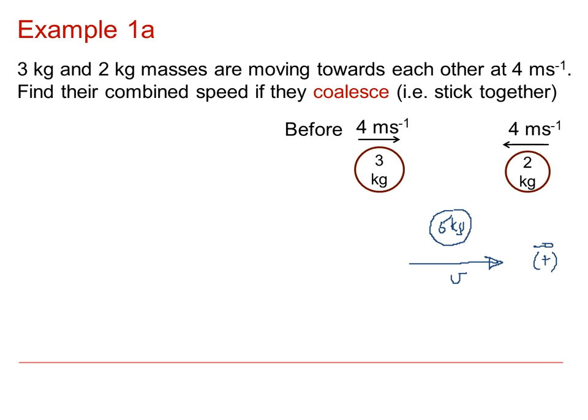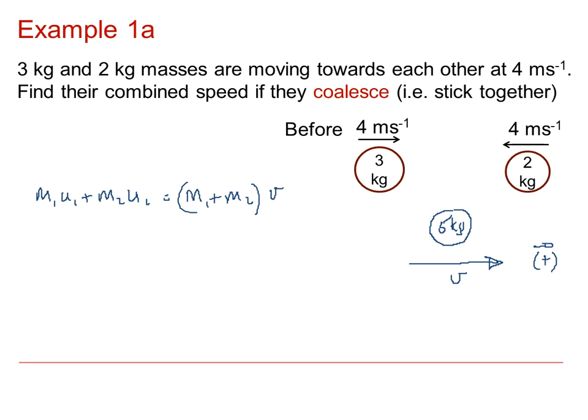So the momentum before impact, m1 u1 plus m2 u2, will be equal to the total momentum afterwards. So we have m1 plus m2, the total mass, multiplied by v.